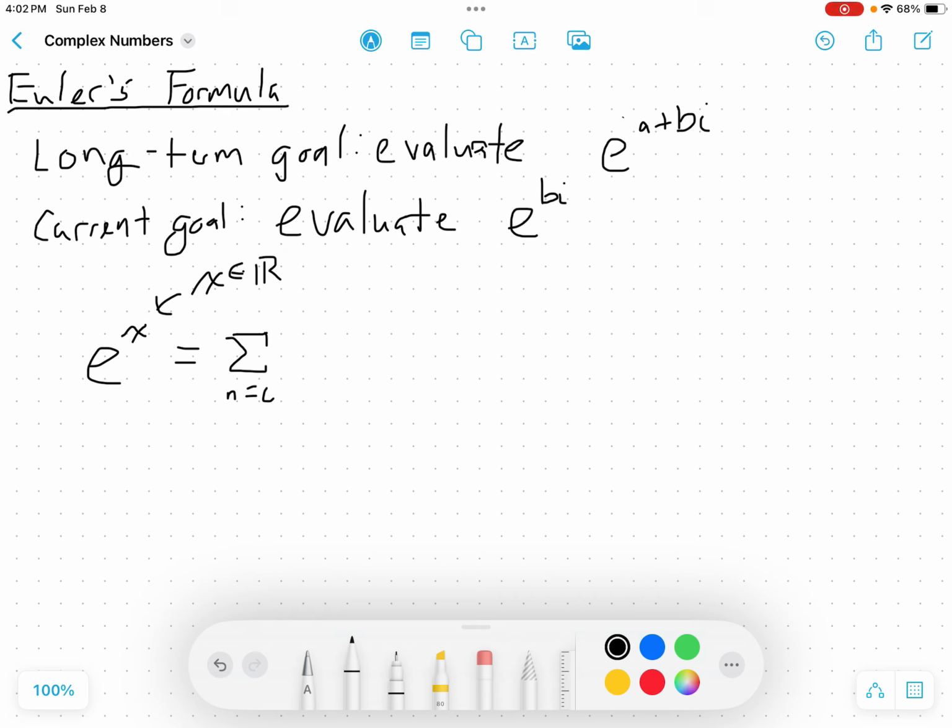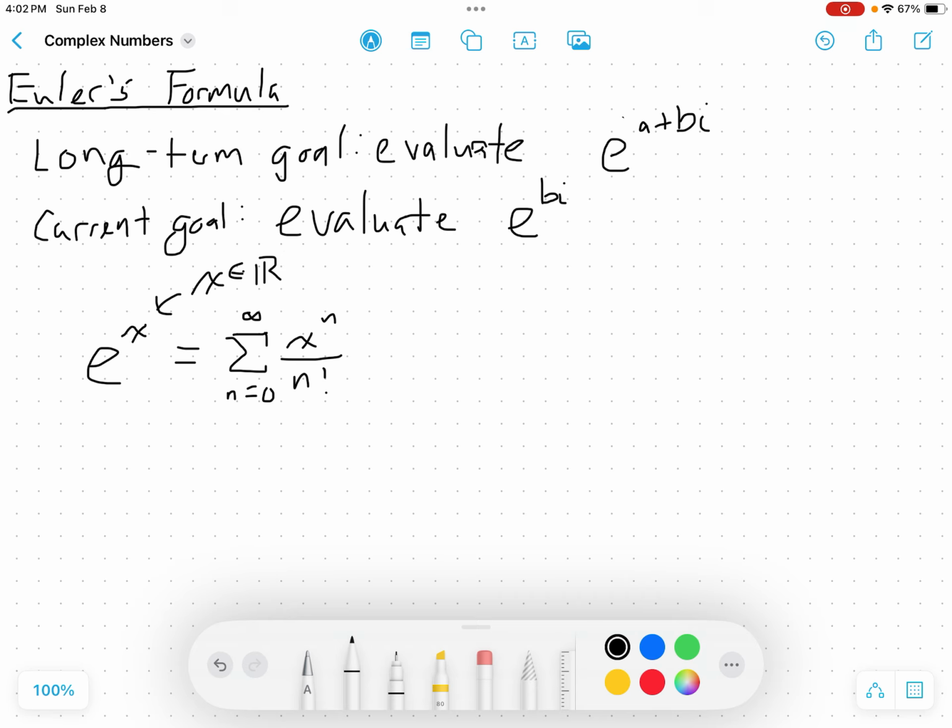If we look at this infinite sum from n equals 0 to infinity of x to the n over n factorial, no matter what our x is, this is going to converge to the value of e to the x. This is super useful because it gives us a way to evaluate e to the x, or at least figure out something that would align sensibly with evaluating e to the x, without actually knowing how to raise something to a new power.